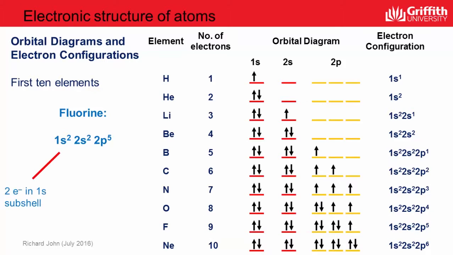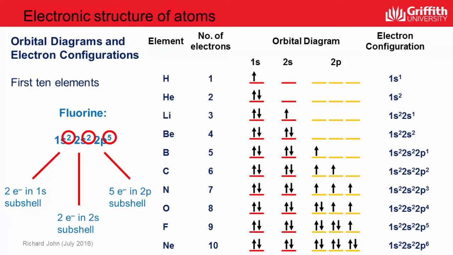So that means that we have 2 electrons, the superscript 2, associated with the 1s, 2 electrons in the 2s subshell and 5 electrons in the 2p subshell. And the addition of all the superscripts, 2 plus 2 plus 5 equals 9, is the total number of electrons in that fluorine atom.